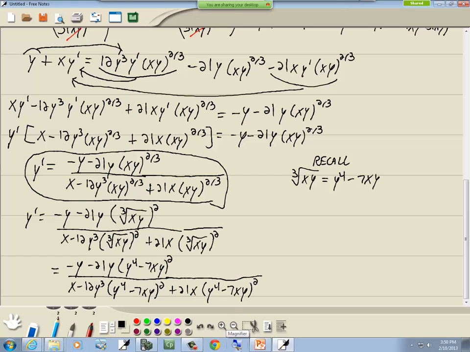Is that any simpler than the one I actually circled up above? Probably not. But it does eliminate the cube root, the radical portion of it. So if that bothers you, then you can put it into this form.